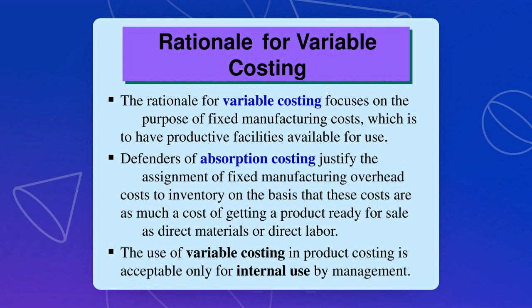Defenders naman of the absorption costing is that it justifies the assignment of the fixed manufacturing overhead costs on the basis that these costs are as much a part of getting product ready for sale as the direct materials and direct labor.